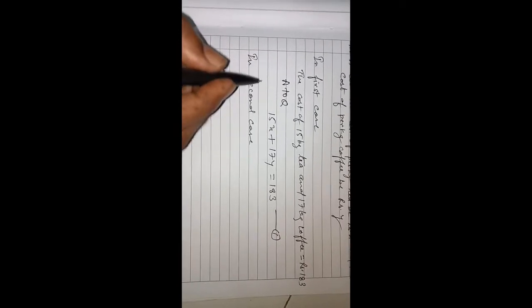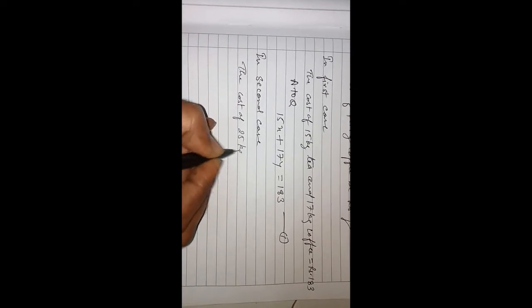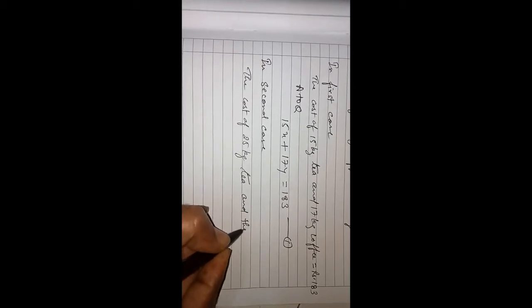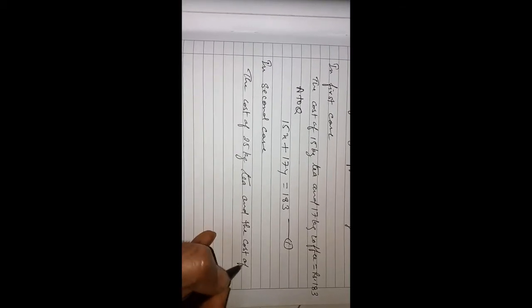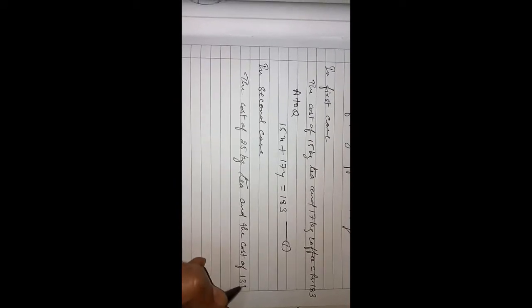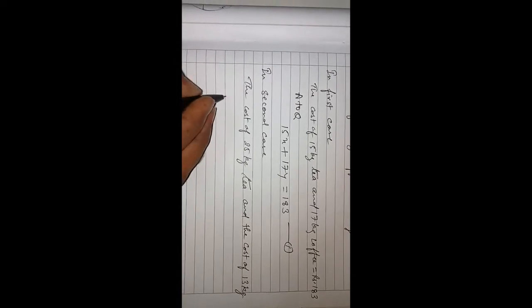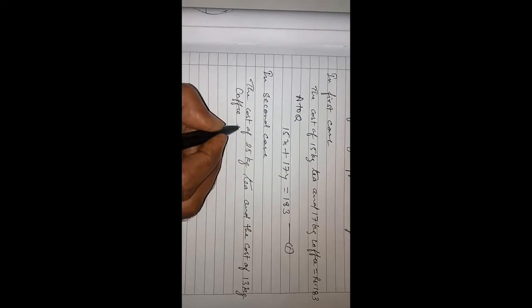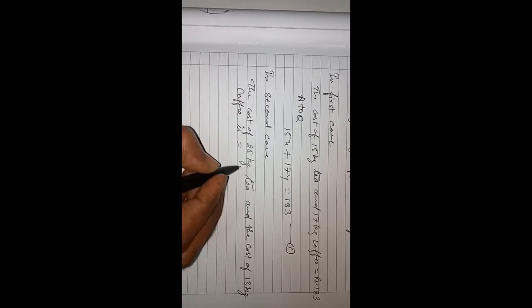Now in second case, the cost of 25 kg tea and the cost of 13 kg coffee is equal to rupees 213.